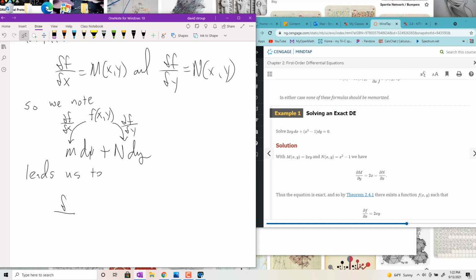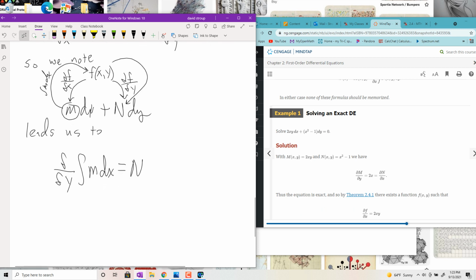If you took the integral of M with respect to x, you'll end up back here, right? Once you're up here, then you could take the derivative with respect to y, and you should get N. This thing right here that is created should equal N.